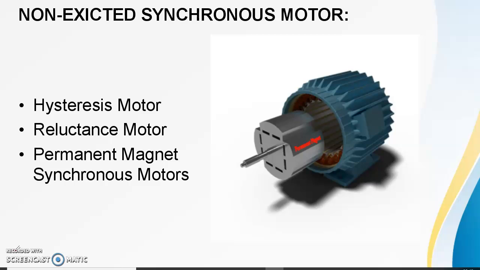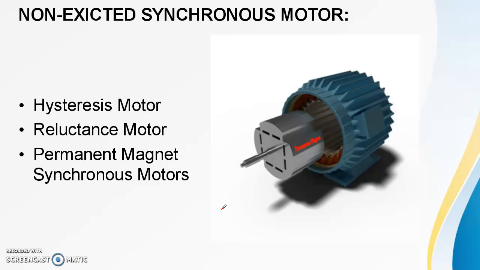There are various applications of permanent magnet synchronous motor. Some of them are in robotics, machine tools, actuators, and it is being considered in high power applications such as industrial drives and vehicular propulsion. These are the applications of PM synchronous motor.